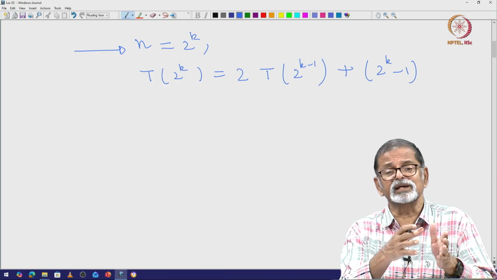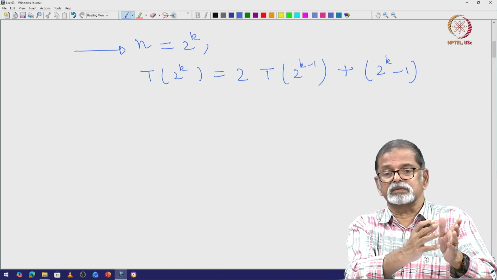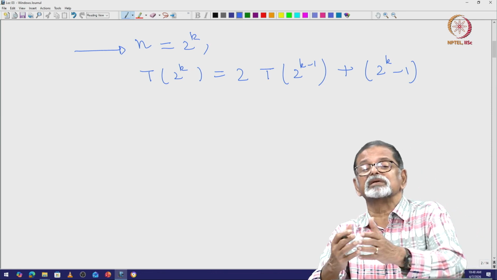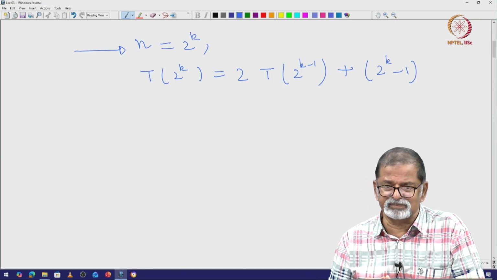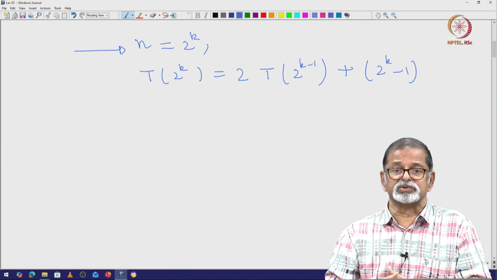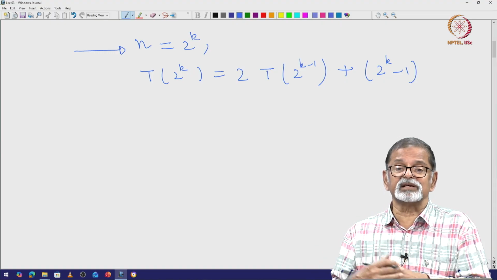Now, you can see the dependence with respect to k. If you observe, something for k is expressed in terms of something depending on k minus 1. So, we can build a chain of substitution and we can unwind this recursion.